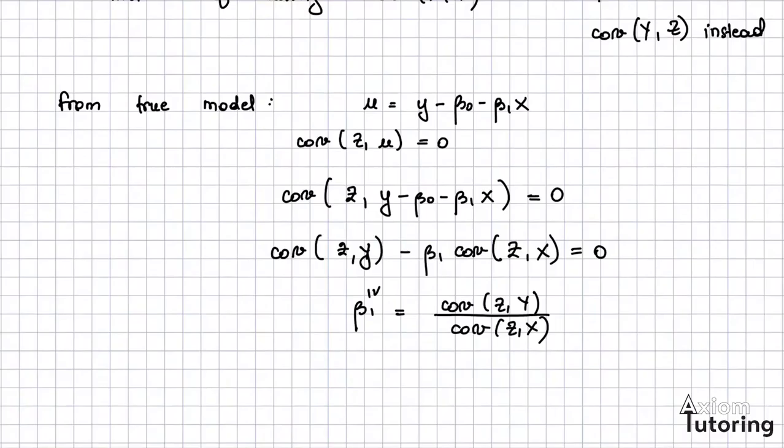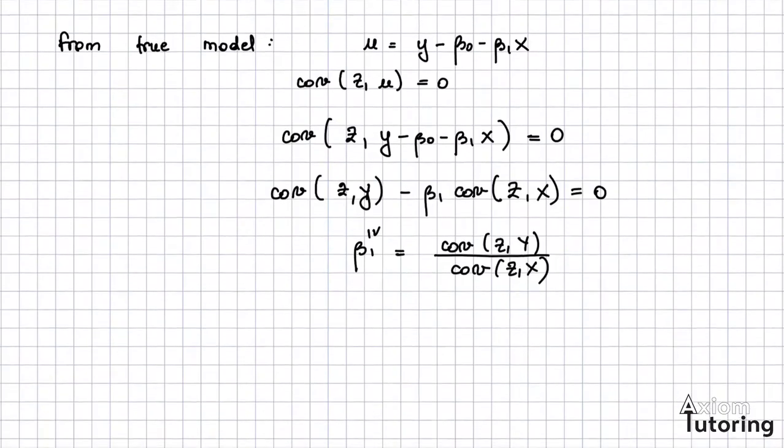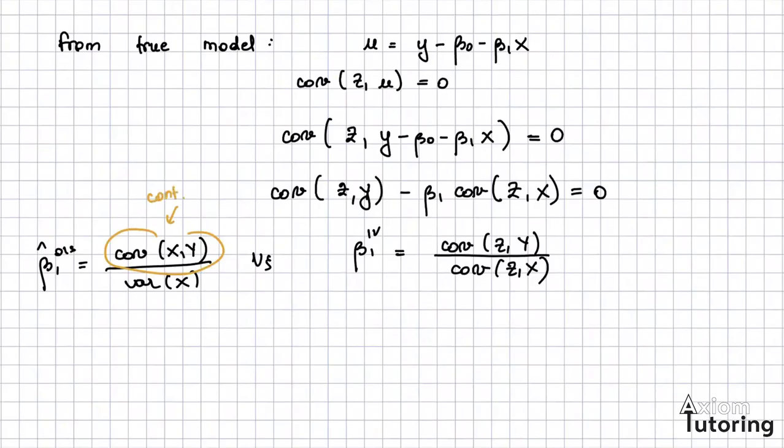In the case where you had the beta OLS, you had covariance xy over variance of x, but this covariance xy was the problem because it was contaminated. So now this is not contaminated.